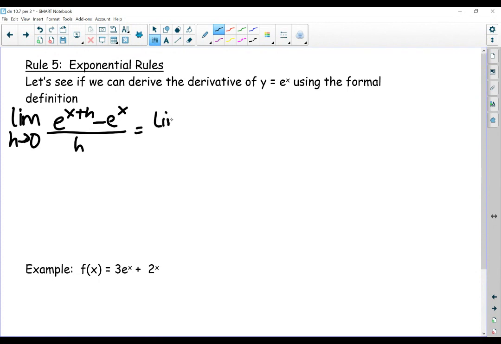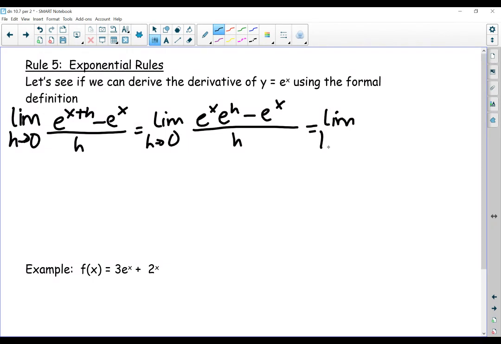If I were to do that, one thing I could do to help myself is break that first expression up as e to the x times e to the h minus e to the x over h. So now I have the limit as h goes to 0. Notice that we have an e to the x in common, so when in doubt, I can factor out.